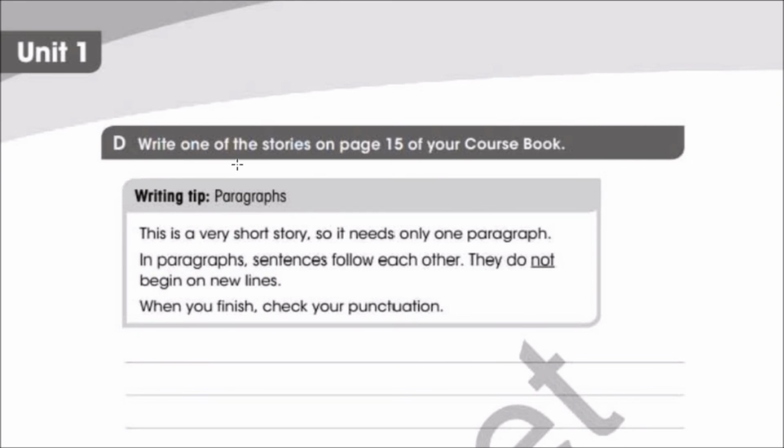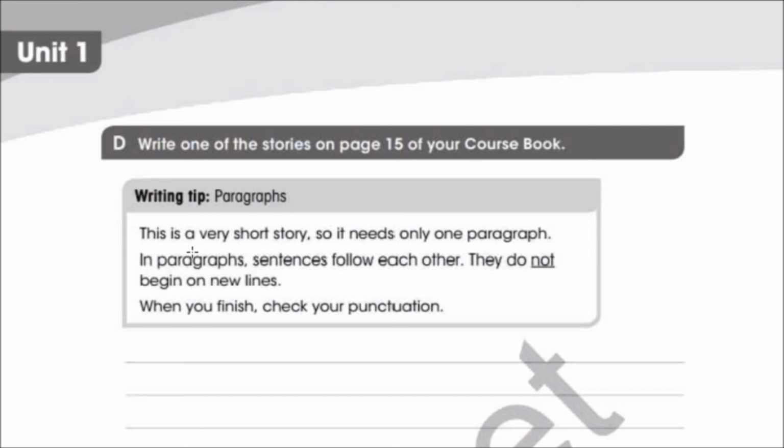Write one of the stories on page 15 of your course book. In this question, you're gonna take the stories on page 15 and write them here. You have to read the writing tip before you start. This writing tip is talking about paragraphs.